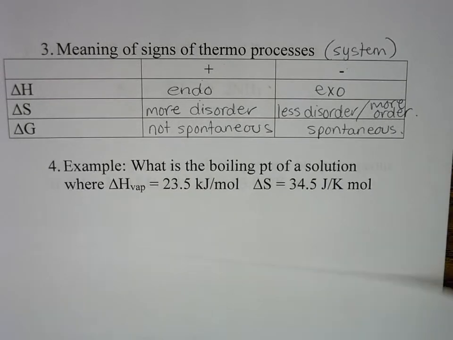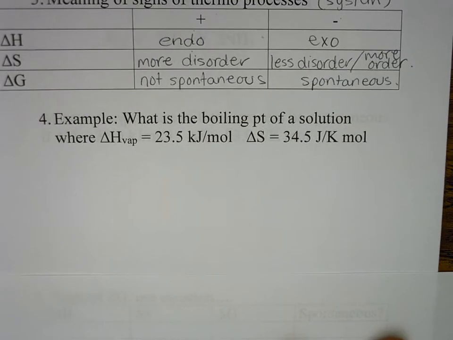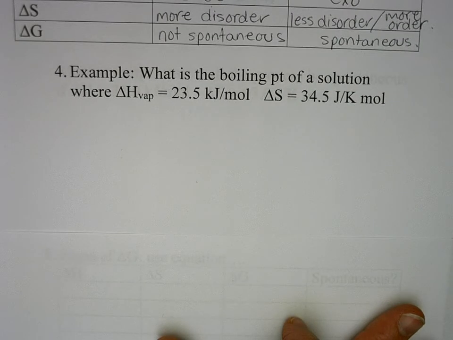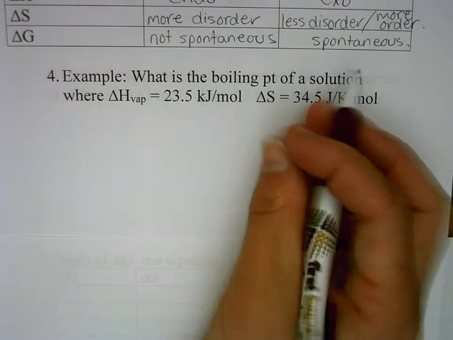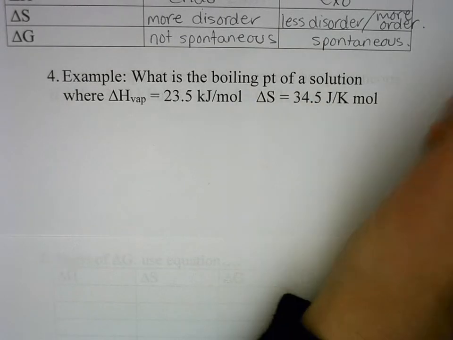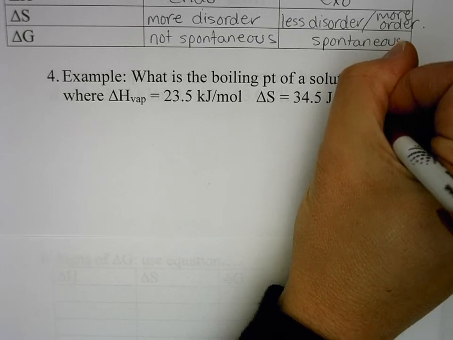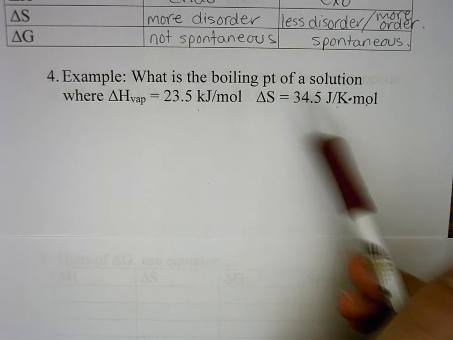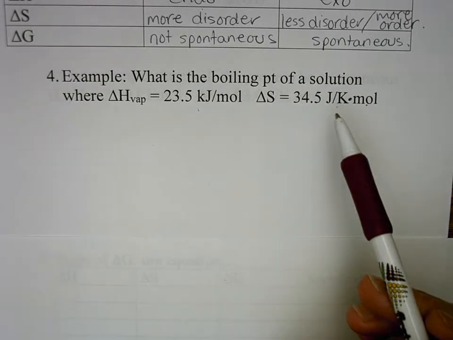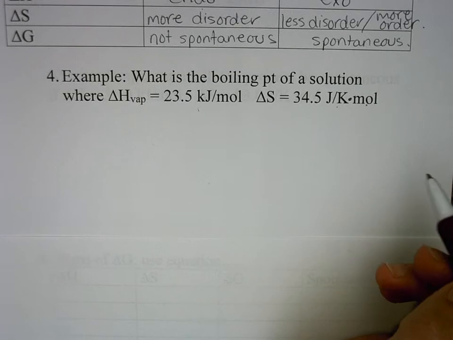All right, so let's go ahead and do this as an example. What is the boiling point of a solution where delta H is 23.5 kilojoules per mole, delta S is 34.5 joules per Kelvin mole? What do you notice about the units of delta H and delta S? Are they exactly the same? No. What is one difference?